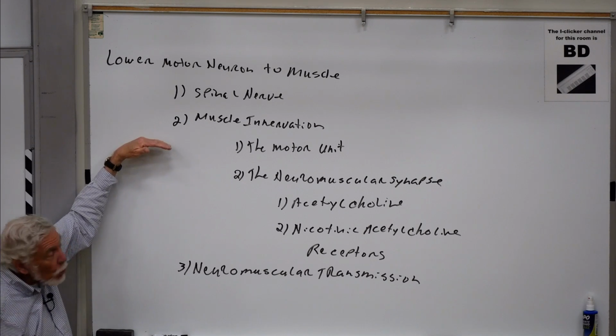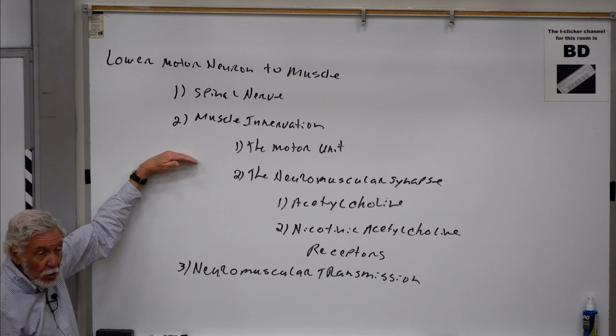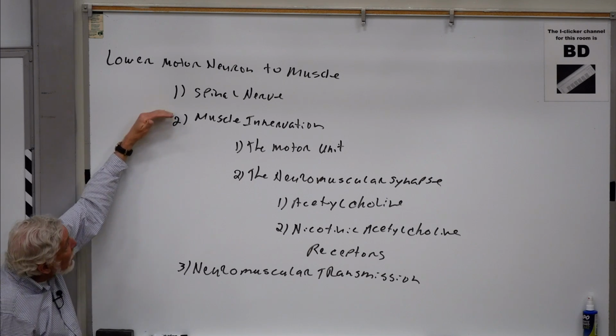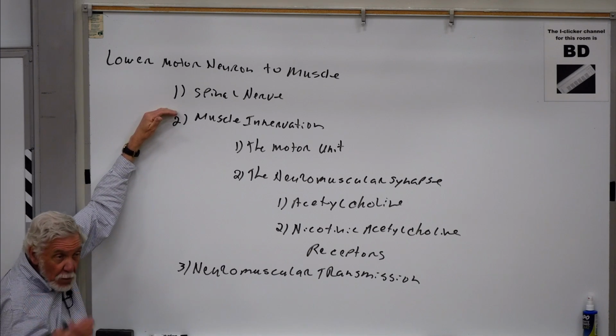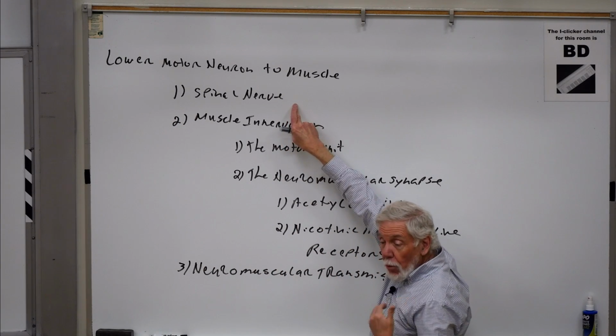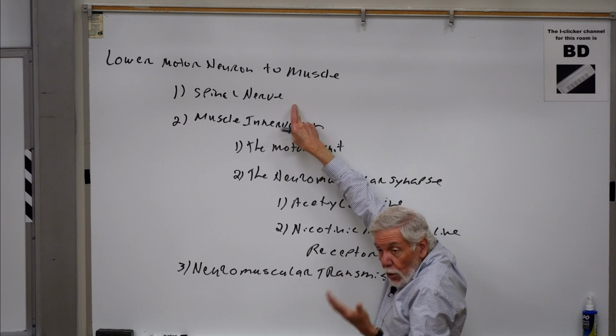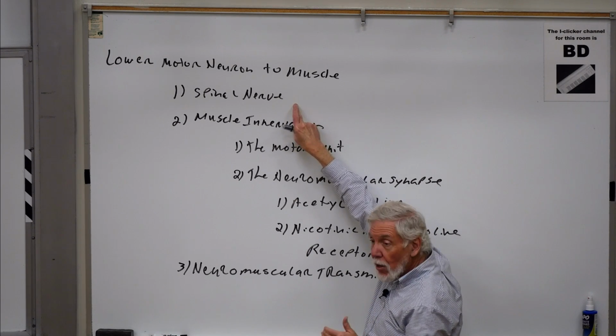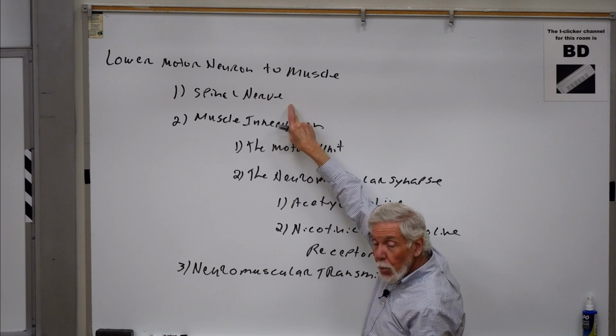That's going to bring us to the question of how the lower motor neurons will now control muscle. And we'll talk about the spinal nerve. We've discussed this before. Remember that a nerve is a bundle of conductile processes in the peripheral nervous system, where in the initial part of the talk yesterday, we described the sensory afferents being in spinal nerves. Now we're going to be on the output side.